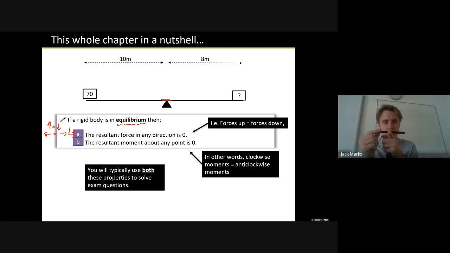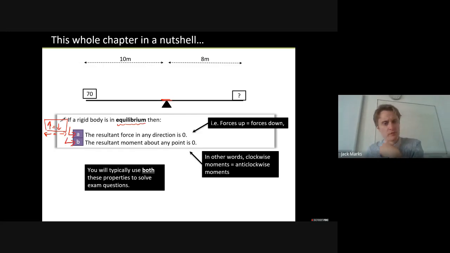If you have a seesaw, no one's pulling the seesaw away to one side or the other. So that's almost unspoken. But the up and down makes sense. It's not sinking into the floor or levitating away upwards or something. So up and down is equal. That property is quite useful for solving harder problems later. It seems really obvious, but that's what you use.